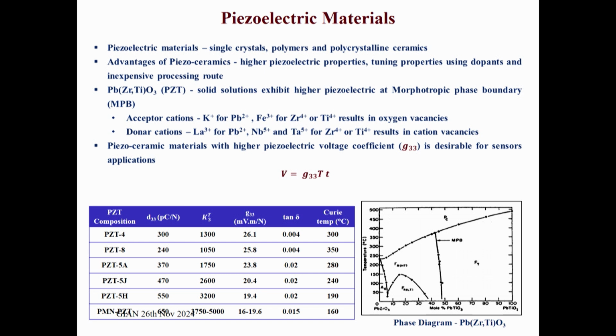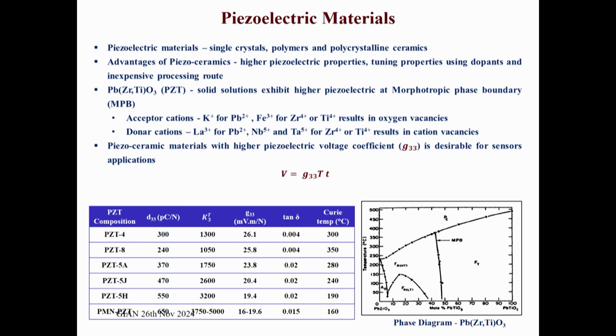Again, as far as the piezoelectric materials are concerned, I have shown you the structure of the perovskite substances, which basically comprises atoms present at the corner of the cube, as well as the face center and the body center of the cube, and their particular alignment gives you the piezoelectric property.